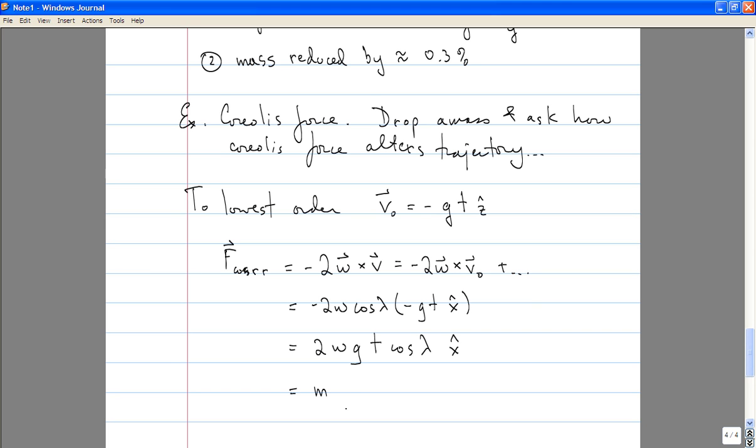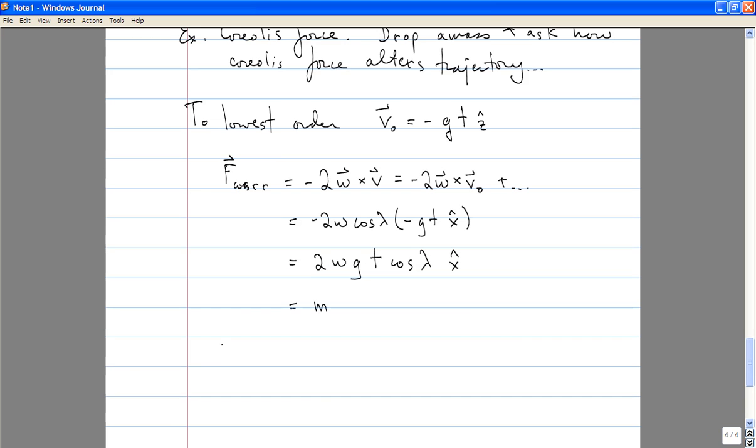So if we expand the velocity vector, so it's v naught plus v1 plus even higher order terms, this will be equal to v1 dot, so that v1 is equal to omega g t squared cosine lambda x hat.